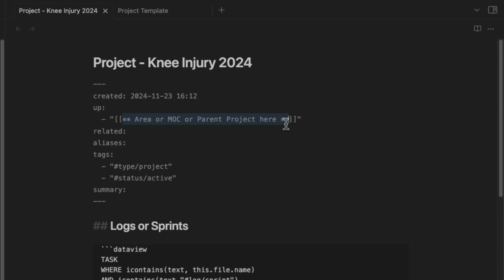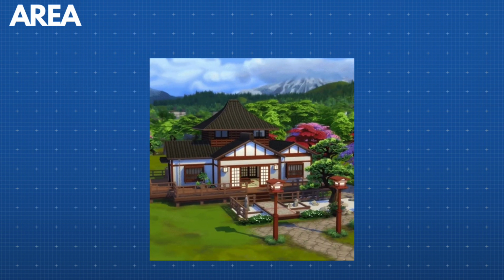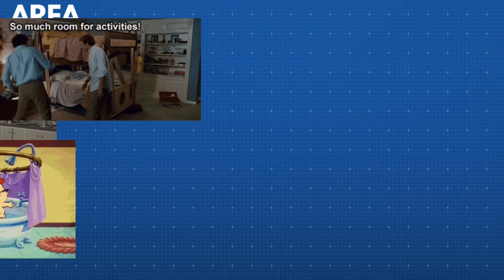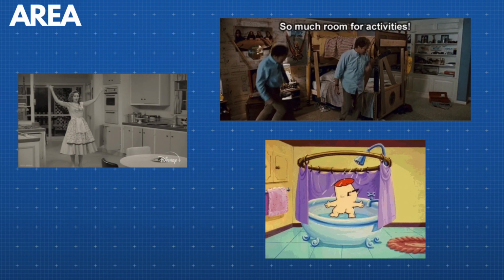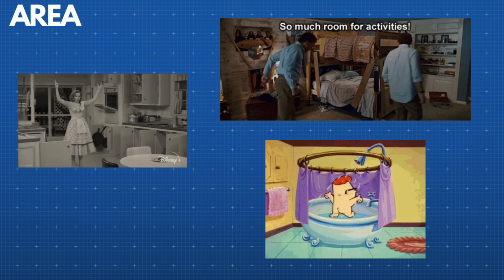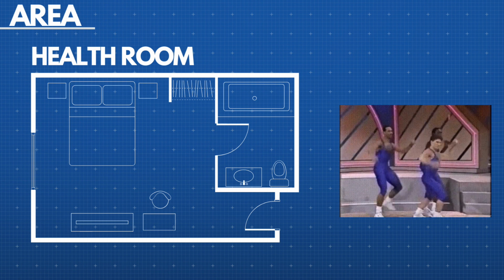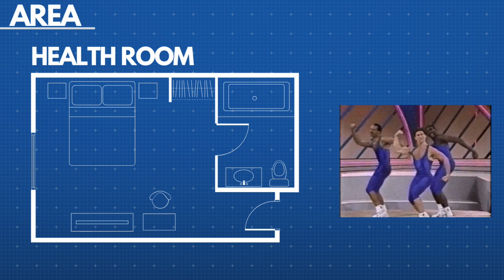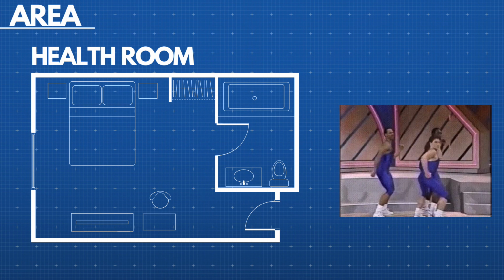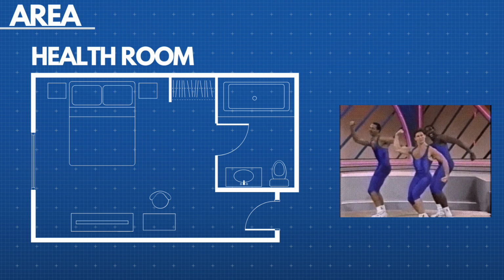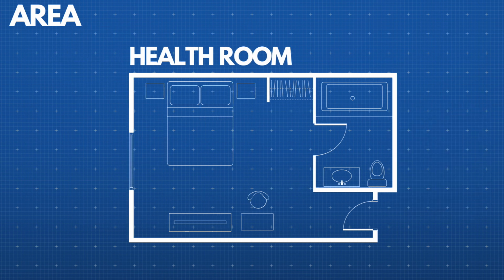But a broad classification is an area, if you think about your house, and this house represents your entire life. Each room would be an area. So let's say you have a room which is classified as health area. And then within this health area room, this whole room, is everything dedicated to your health ambitions in your life. And this is where you would find different MOCs and stuff like that, and different resources and ongoing projects.